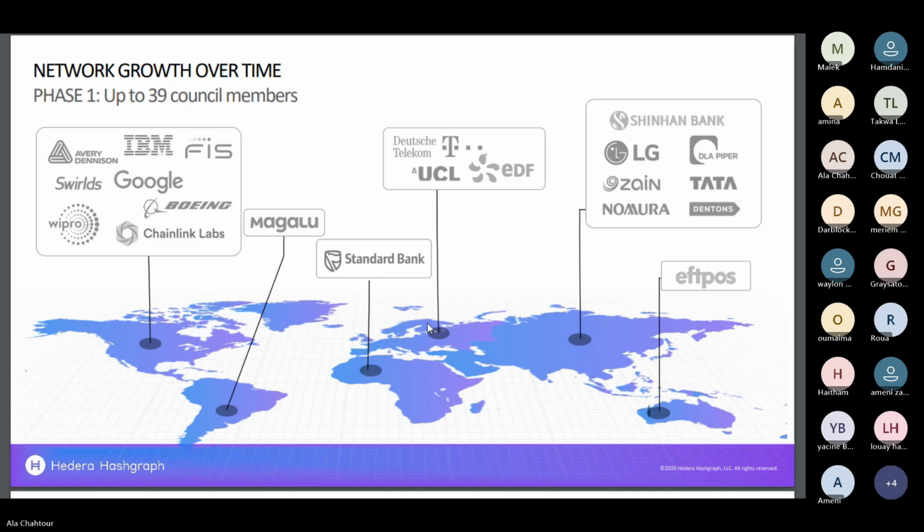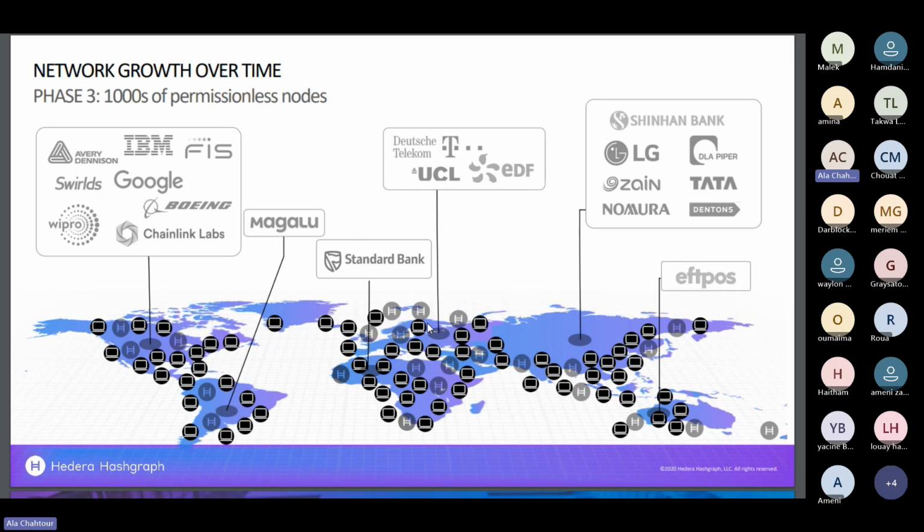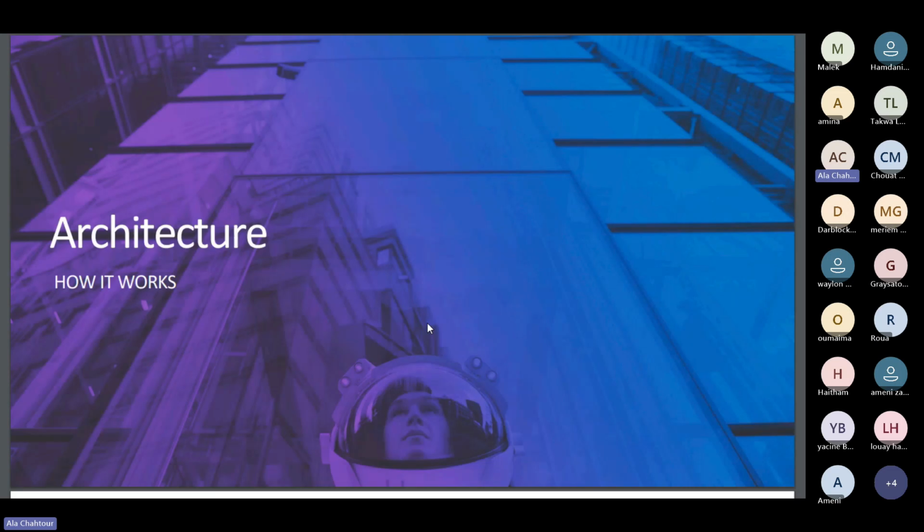The second phase is adding the KYC validators, and the final phase is the permissionless phase, where anyone in the world can be a validator on the Hedera network.